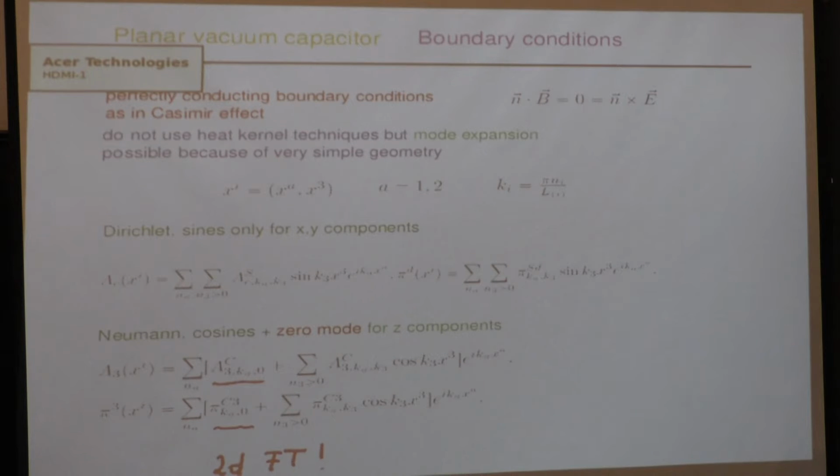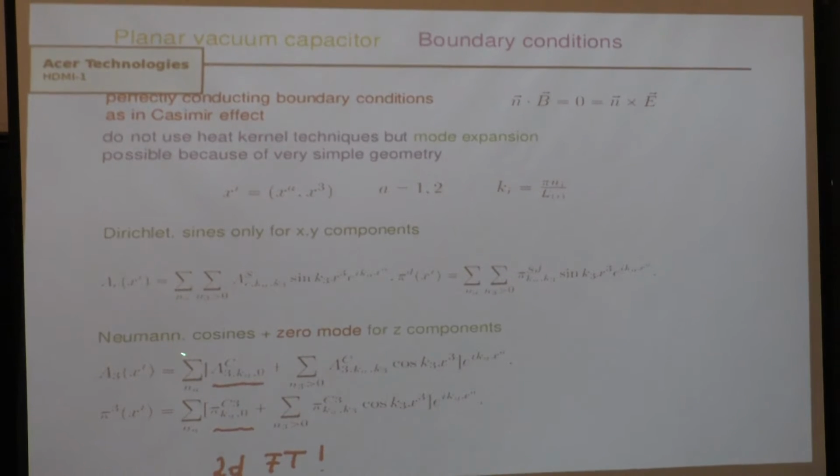Good. So, boundary condition of the Casimir effect, and you see that for the expansion of the A3 and the electric field in the third direction, you have to have Neumann condition. And if you have Neumann conditions on these, you see that you have an additional zero mode here. This additional zero mode does not exist for the fields which have Dirichlet condition.